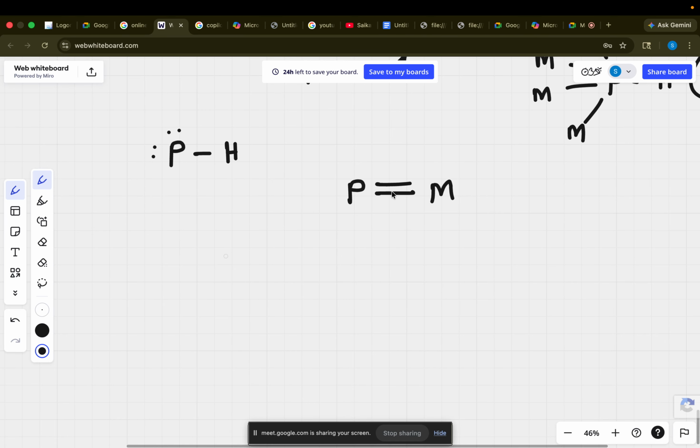This is actually covalent bond formation, right? So that means this is possible. How is it possible? If the same metal center has two electrons and it is donating one electron, then it is possible. And if you have more than one metal center, then it will do bridging.